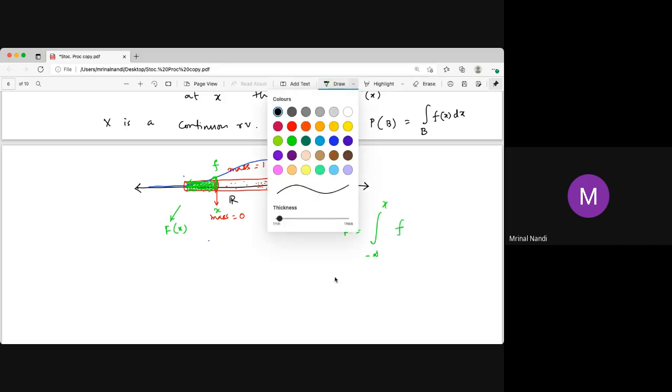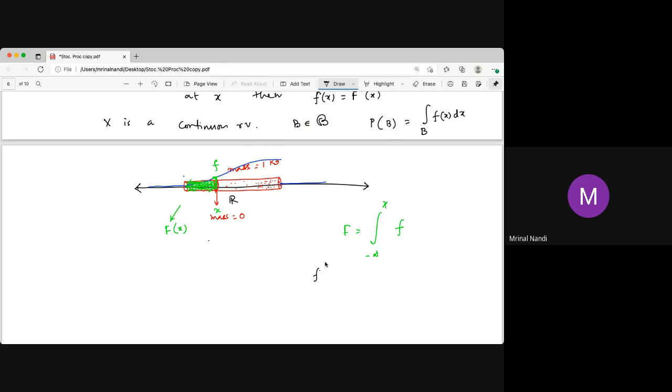Riemann integration theory says that F dash x is f of x only at the point of continuity of small f. So where the small f is continuous, at that point F dash x equals f x.